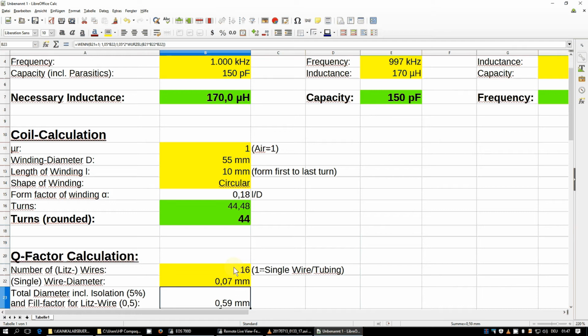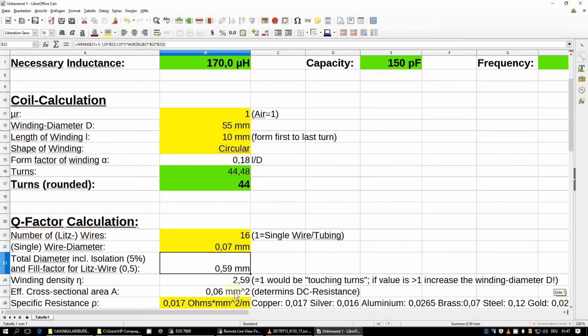And now there's another factor you have to watch out for, the so-called fill factor for Litz wire, which is 0.5. That is simply, if you look at Litz wire, you cannot simply add up the diameters. You cannot say, well, the total diameter is 16 times 0.07 millimeters. That gives a totally wrong result.